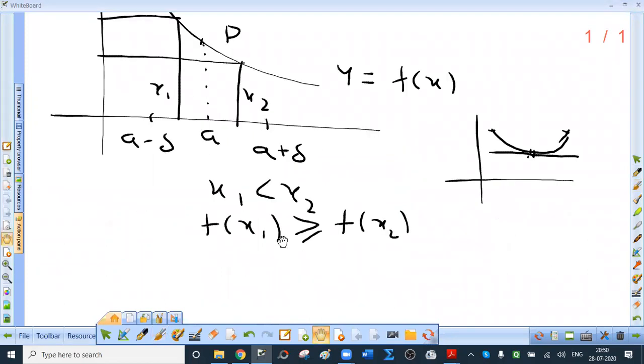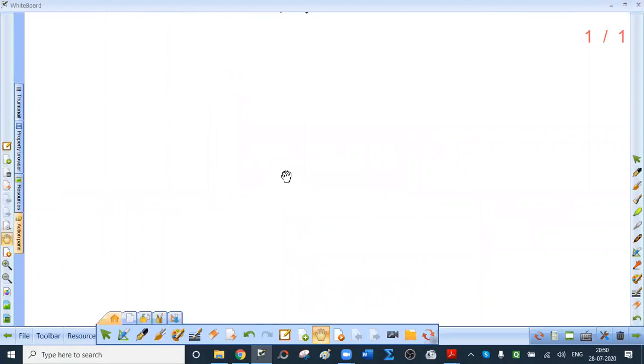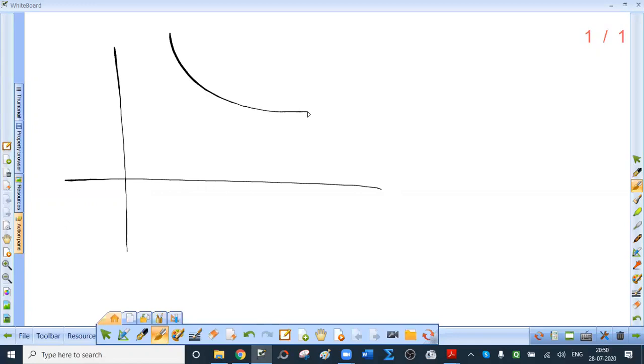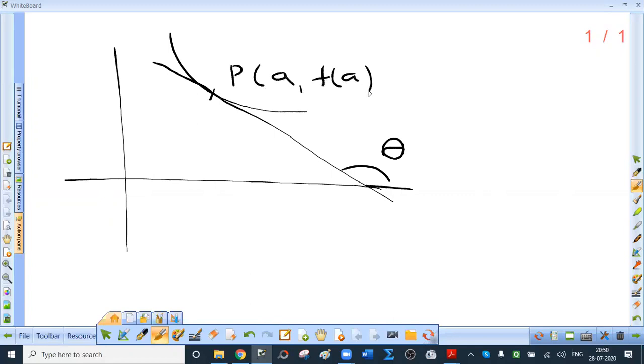Now in this case also, if you draw tangent at the point at which function is decreasing, you will notice that the tangent drawn makes an obtuse angle. See, at this point, P, a, f of a, the function is decreasing, right? Tangent is drawn at this point.